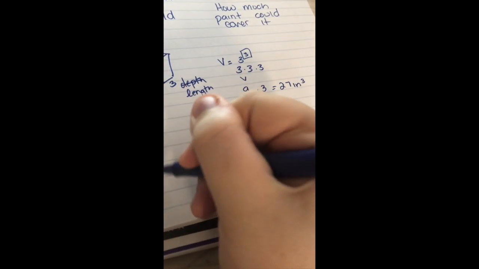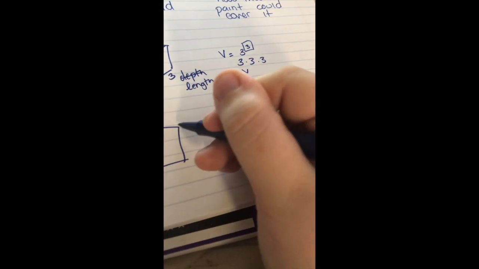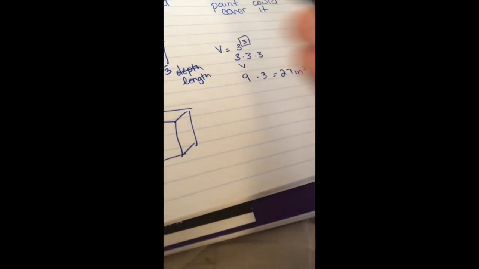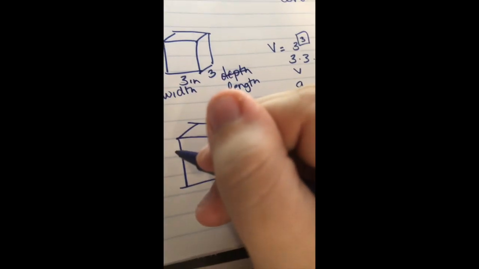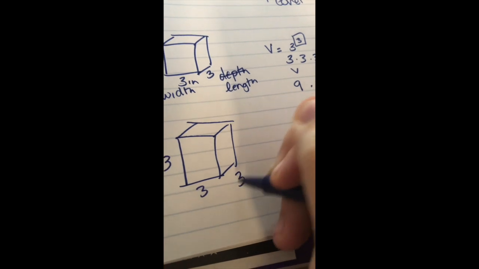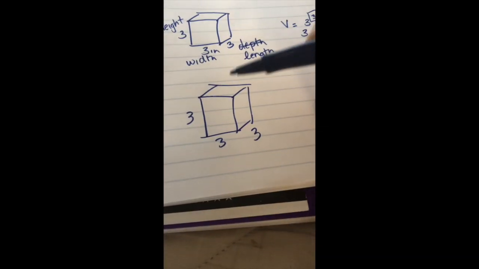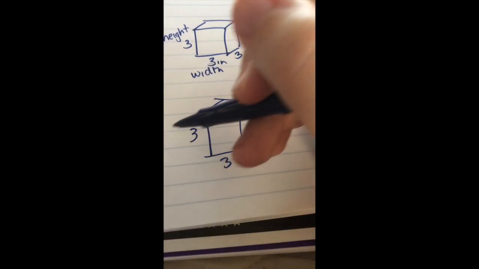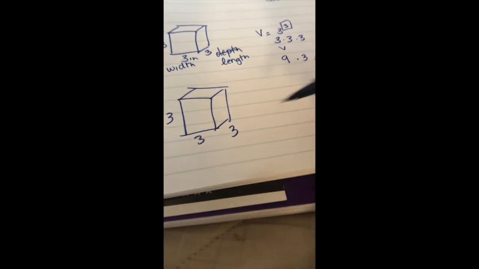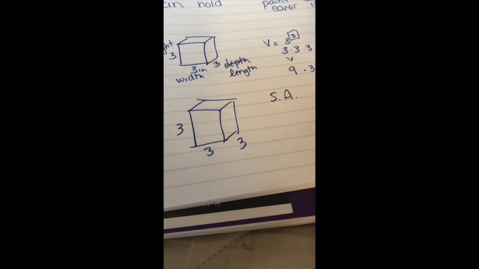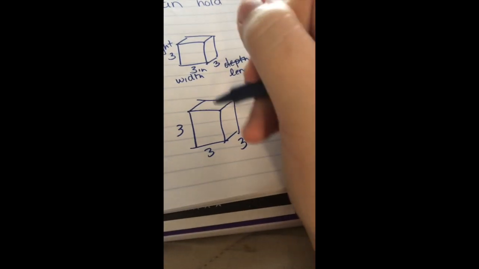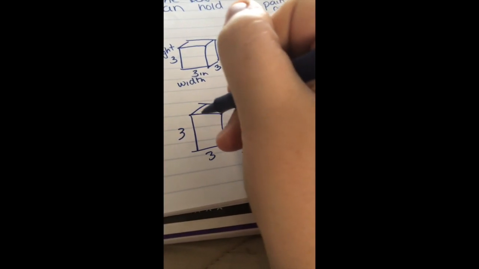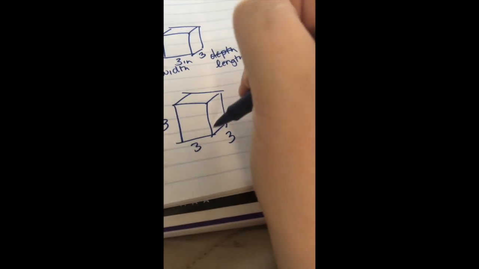But let's say we were talking about surface area, and we said 3, 3, and 3, we are going to find the surface area of the front and the back, the top and the bottom, the left and the right. And again, a cube is the easiest one to start with because there are 6 sides that have the same shape and the same numbers.